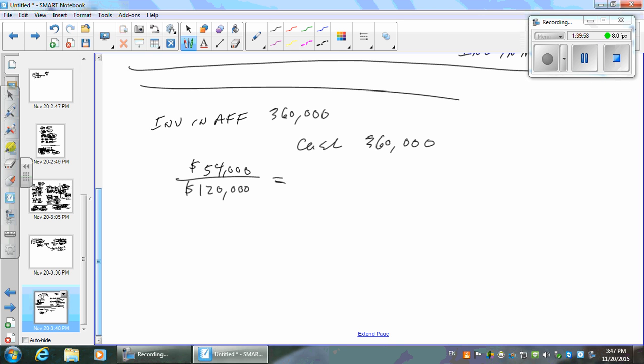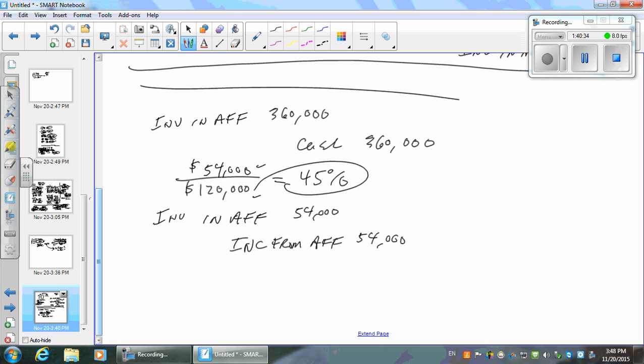Because they wouldn't have made that journal entry unless the affiliate made income, of course. And they'd only do it for their share, right? So the total company was 120, our share was 54, so what was the percentage ownership? 54 divided by 120 is what? 45. Yeah, so 45% was the answer that I was looking for, okay?